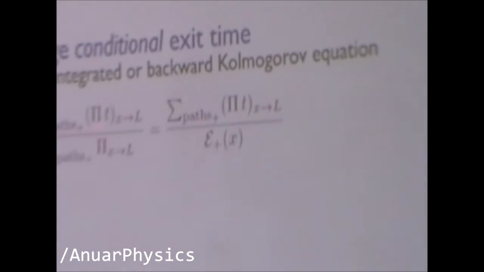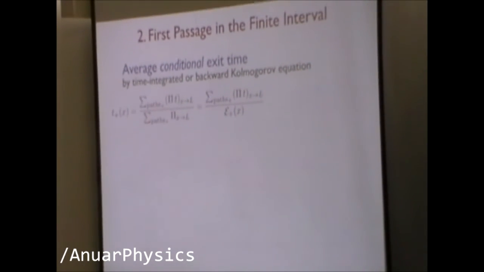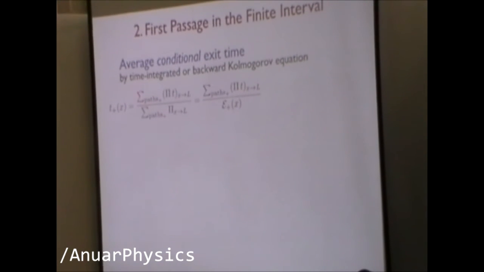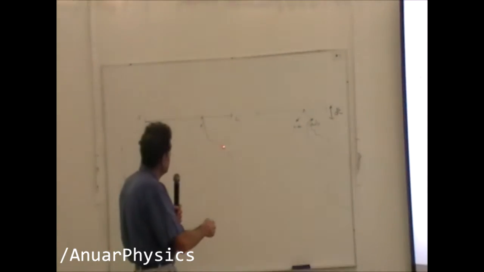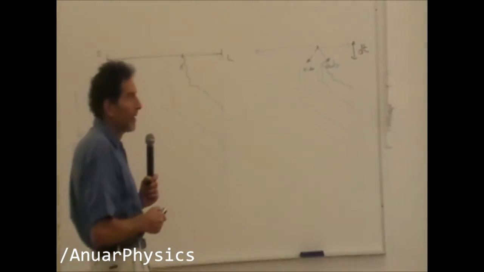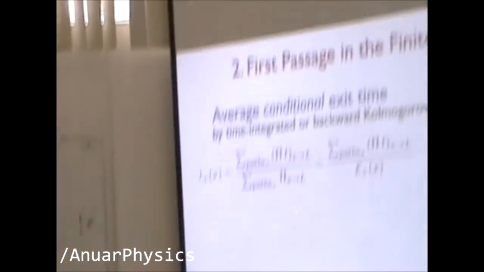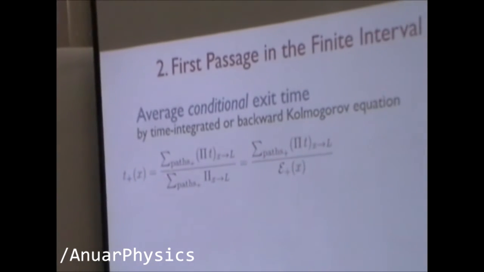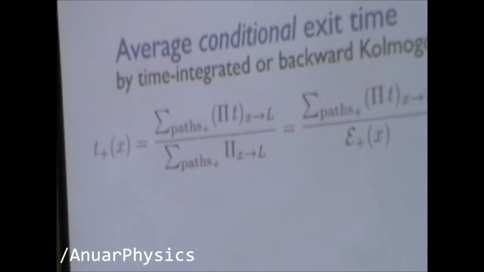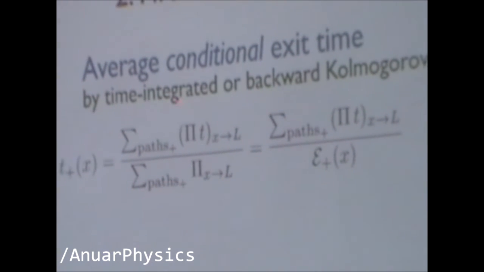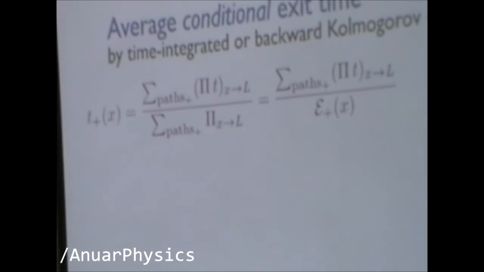By construction, and this is the formal definition, we have to sum up over all trajectories which start at x and exit by the right side only. And then I should divide by the sum over all paths of the probability of exiting by the right side. So this is the formal expression for this conditional exit time.